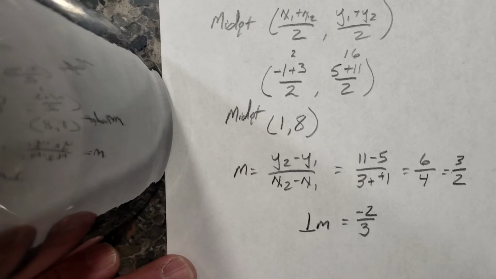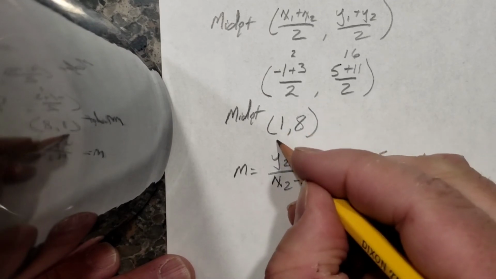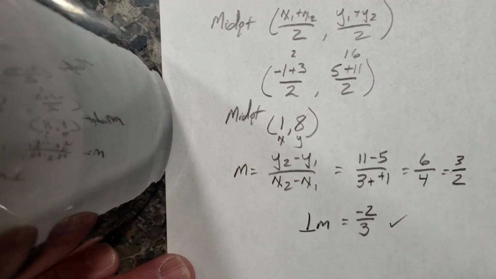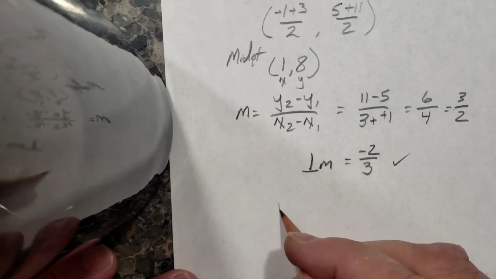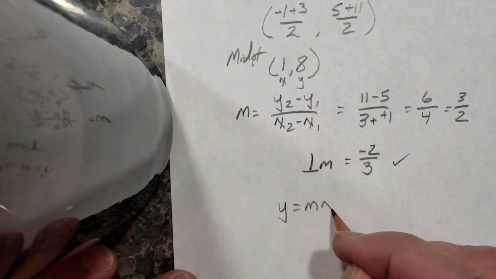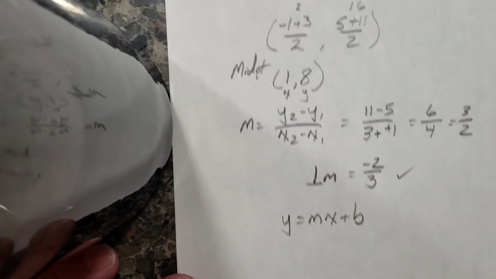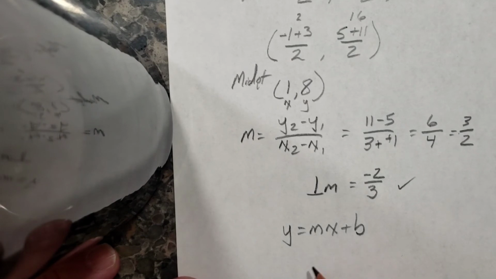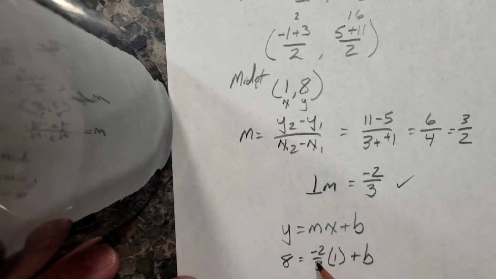Okay, now again, we have our slope, we have our x and our y, so we're going to start with y equals mx plus b. Okay, our y coordinate is 8, our slope is negative 2 over 3 times 1 plus b. Now, negative 2 over 3 times 1 is just negative 2 over 3.